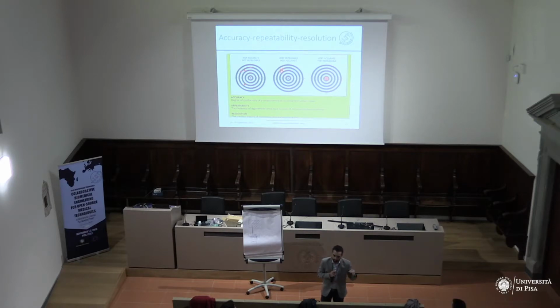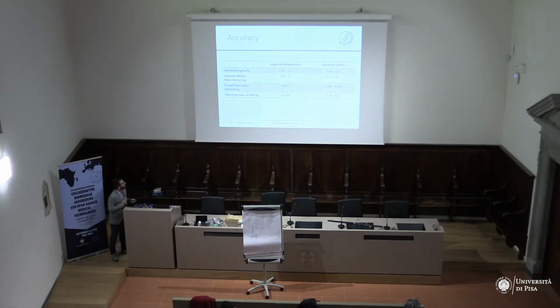Okay? I'm speaking about very complex parts. For very general, very big parts, don't worry. Simulation can help you. So this is a couple of tables according to the layer thickness and accuracy that you have.